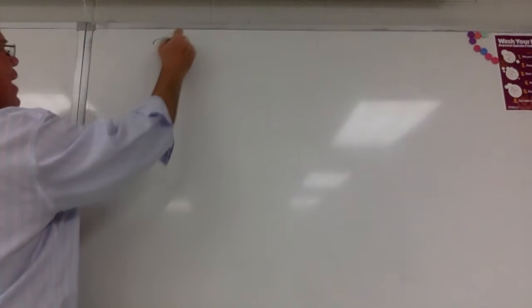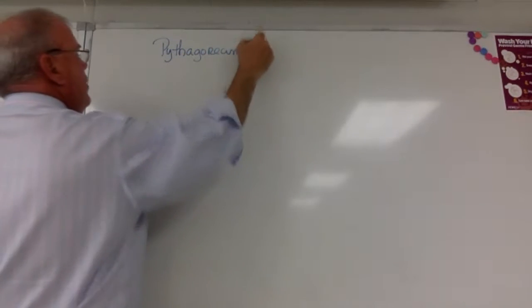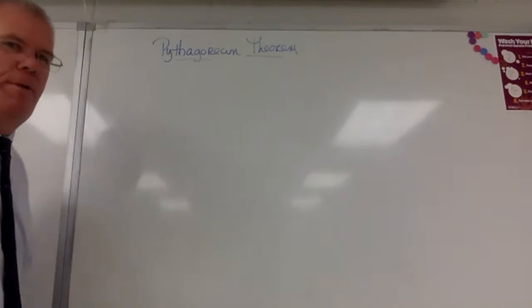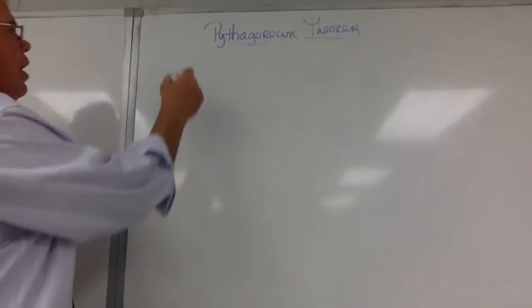So now we want to get into, let's go back to the start of the chapter, all right? The first thing you talked about in this chapter was the Pythagorean theorem, right? And what's the Pythagorean theorem talk about, fellas? A squared plus B squared equals C squared.